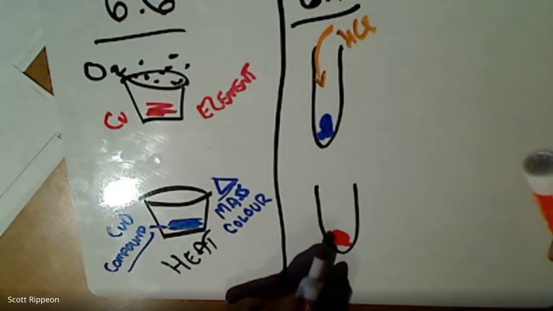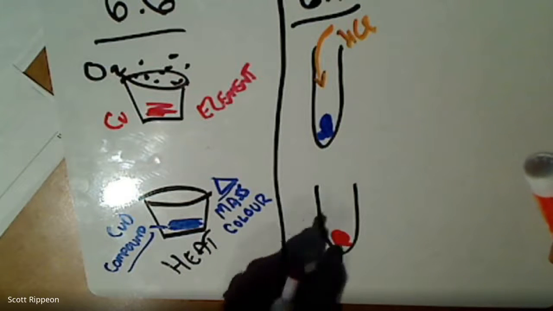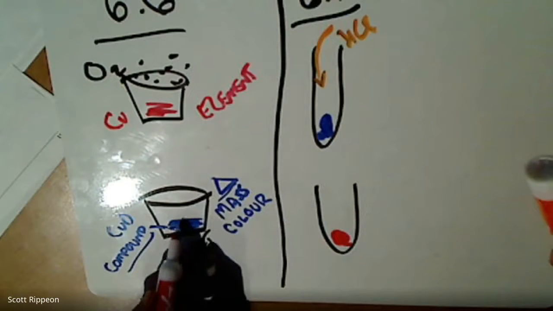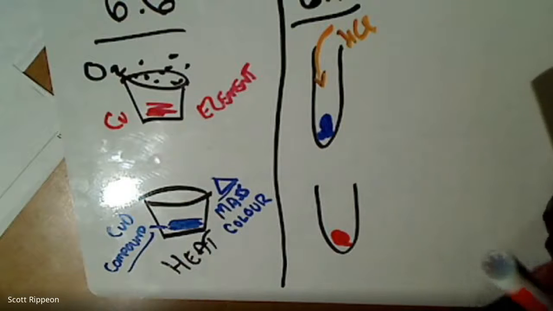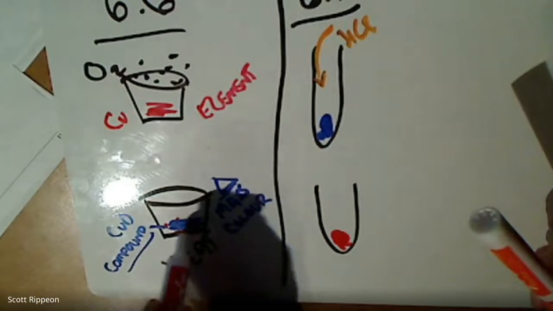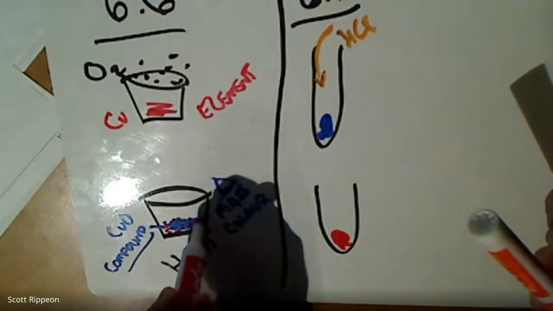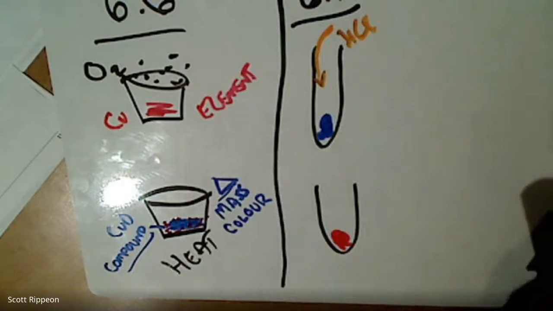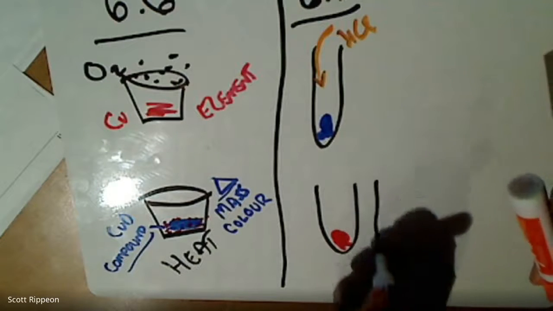Now, what that leads us to is the idea that, okay, this was not pure copper oxide. How do we know? Because, again, we had some copper. So there must have been some copper still in that solid. Because when we were finished, we had 2 test tubes.